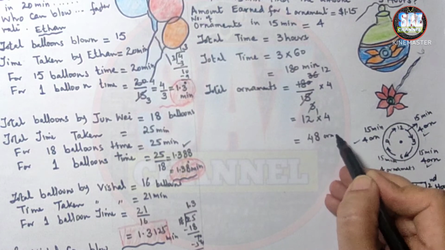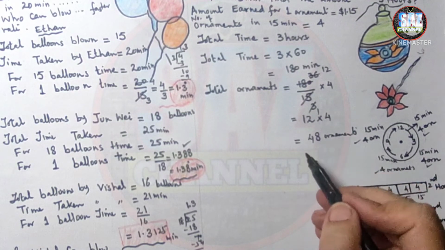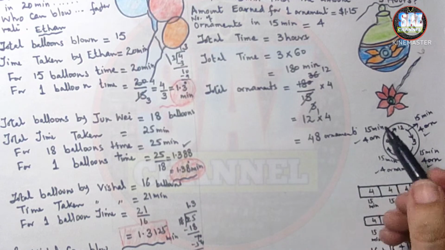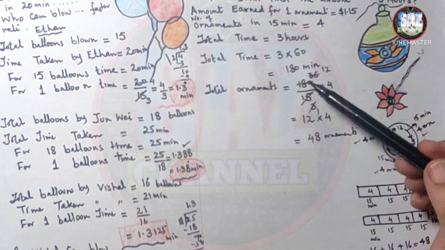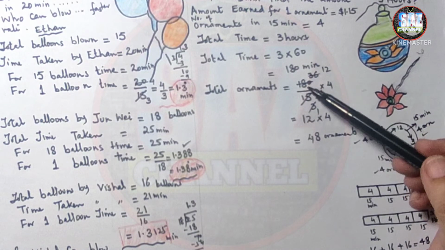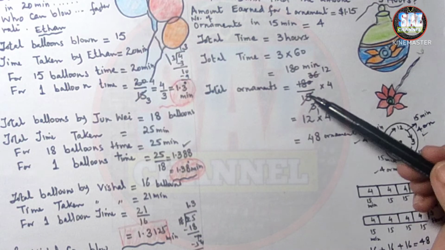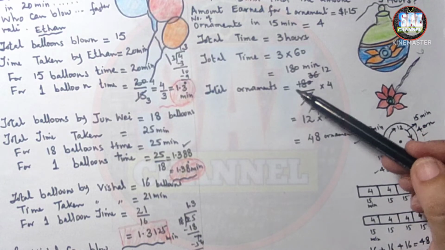Okay, students, you can see that I am doing the calculation for you as well, showing how you can convert these hours into minutes by multiplying them by 60. This is the total time given to us, and we know that he makes 4 ornaments in every 15 minutes. So, we first have to find how many 15 minute intervals are there in 180 minutes.